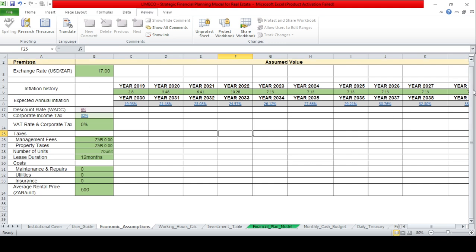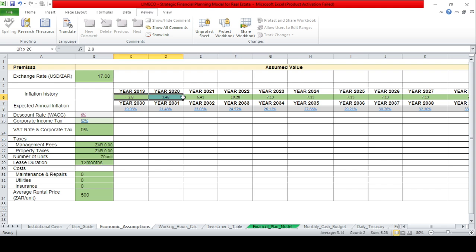Here I have economic assumptions. Here we insert the historic annual inflation, and here automatically is inserted the expected annual inflation. Here we have the discount rate.